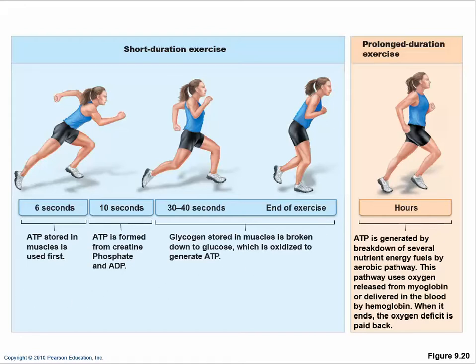And that's why different sports require different types of training. The endurance sports require much more aerobic training, whereas the anaerobic sports, the quick sports, require much more bulk and less oxygen delivery.